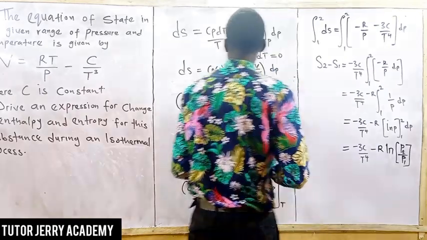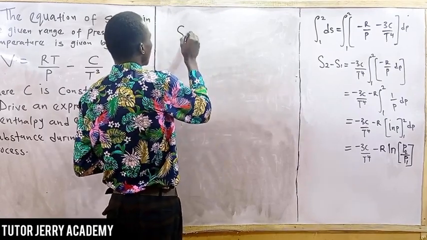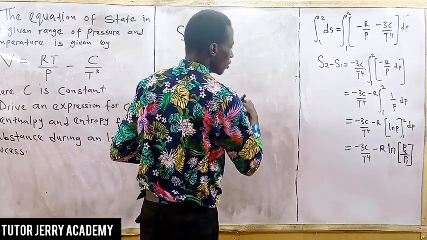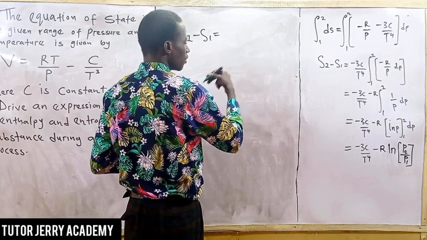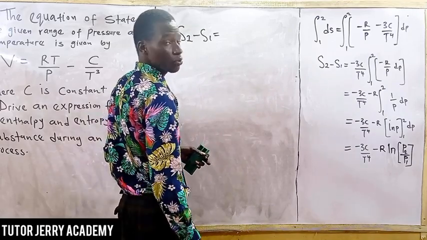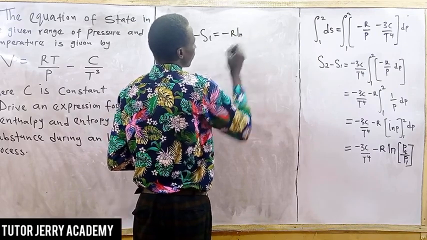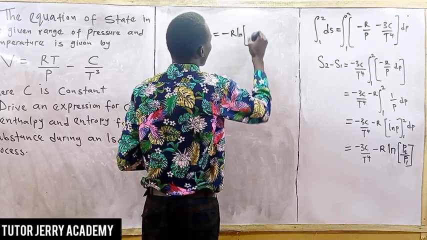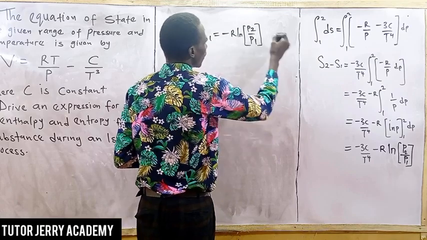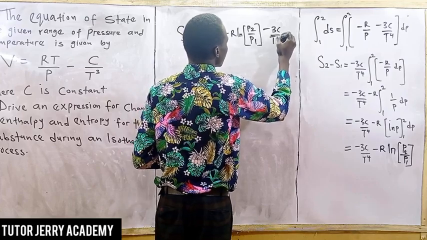So S2 minus S1 is equal to minus R times the natural log of P2 over P1, minus 3C over T to the power of 4.